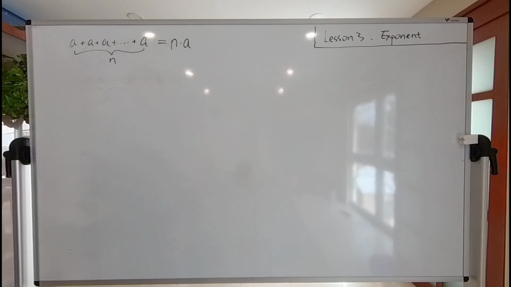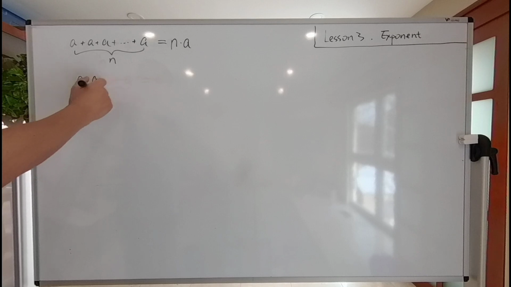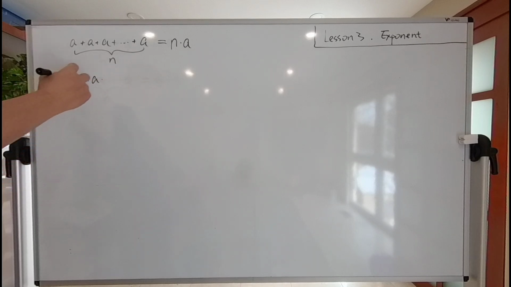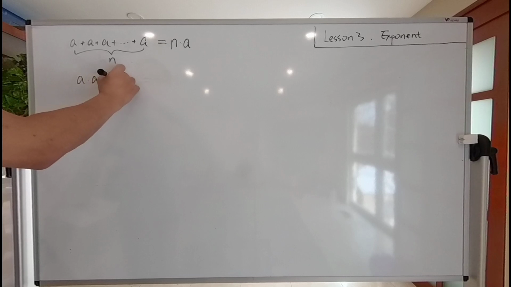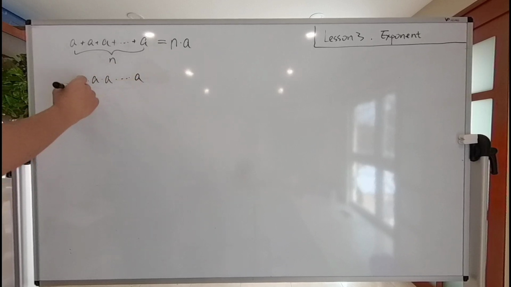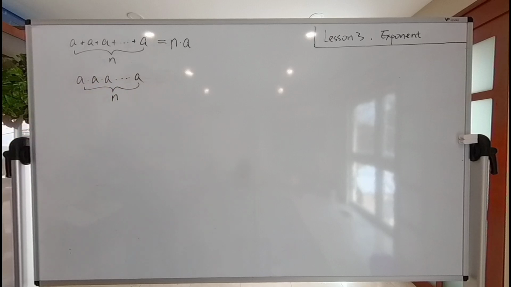So intuitively, we can also think: is there a way to do this if I'm writing the multiplication of the same number a, for example, a times a times a, with n copies of a multiplied together?